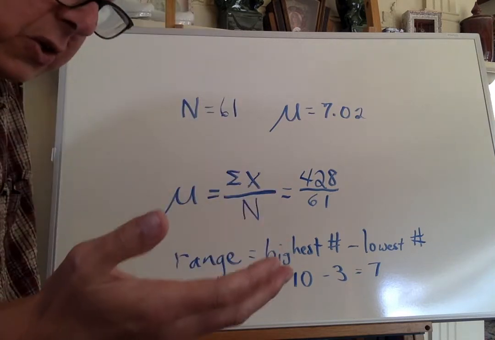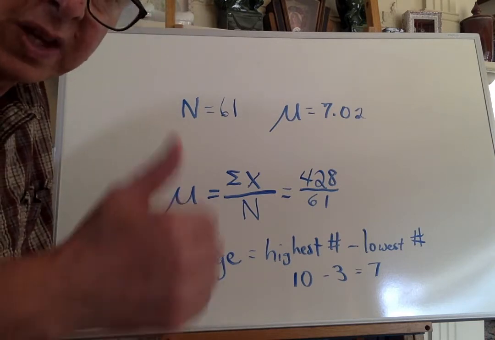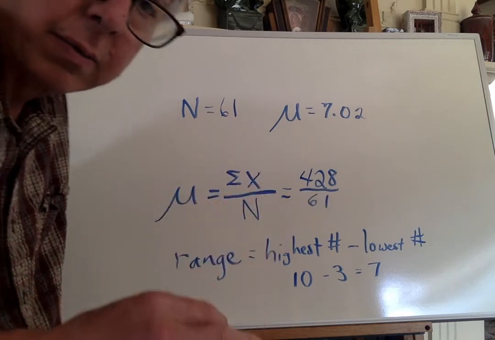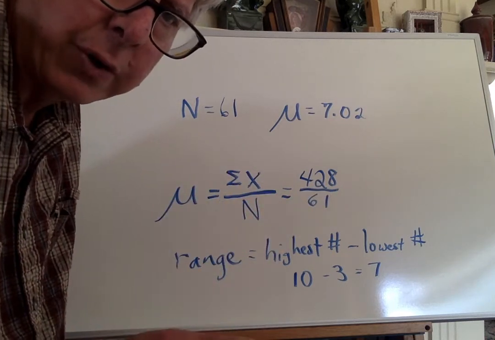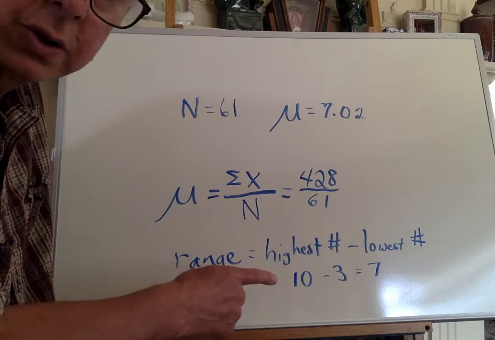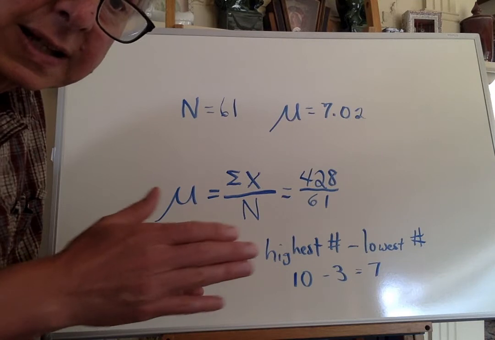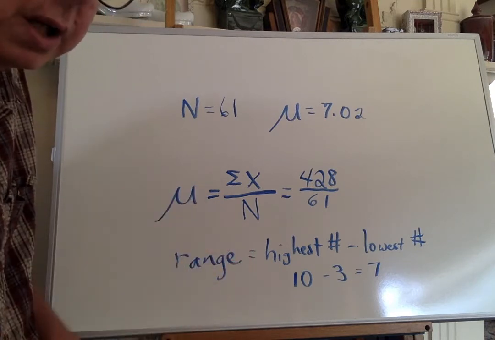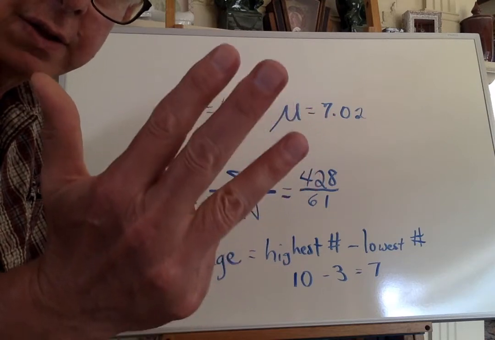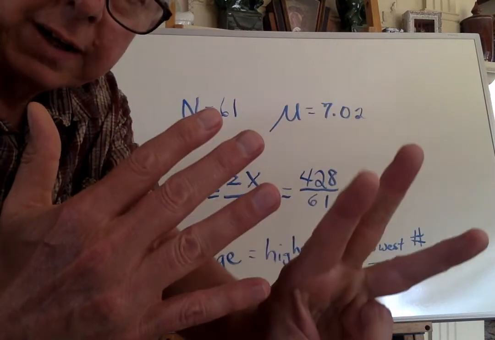Okay, so let's do some fingers. Okay, so we had a 10, we had a 9, we had an 8. By the way, even if there were no 9s, this would still be our range. It's the highest and the lowest, even if we're missing some values. But here we go: 10, 9, 8, 7, 6, 5, 4, 3.